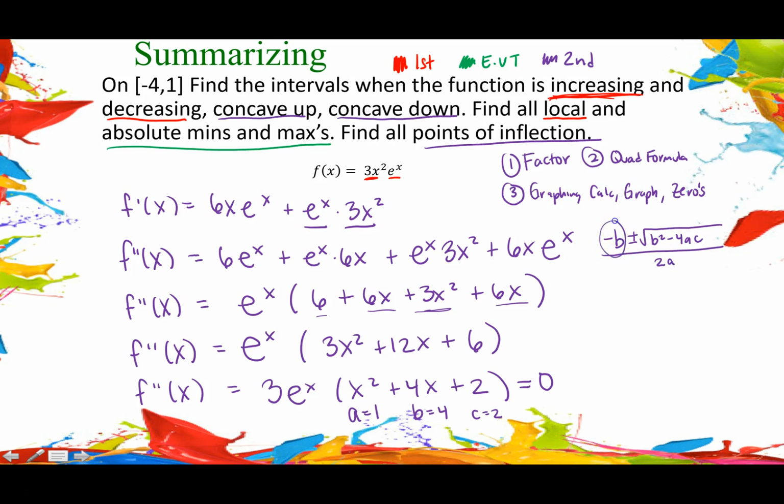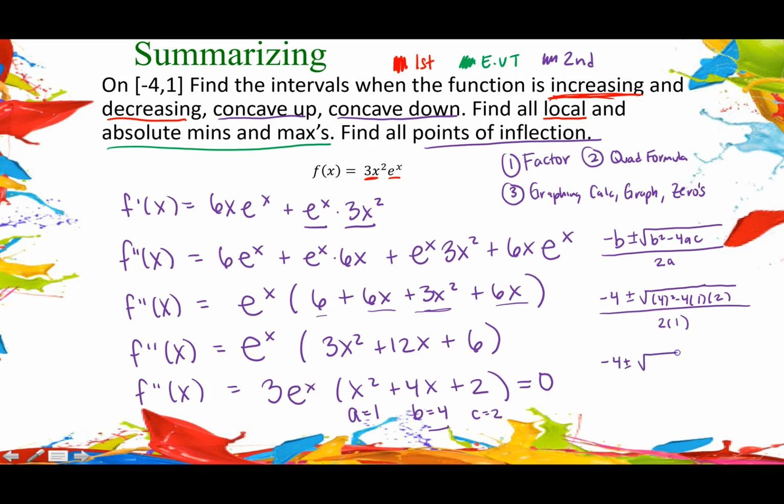So the opposite of b, well, if our b is 4, we're going to have a negative 4 plus or minus the square root of b squared minus 4 times a times c all over 2 times a. I'm just literally plugging the variables in.